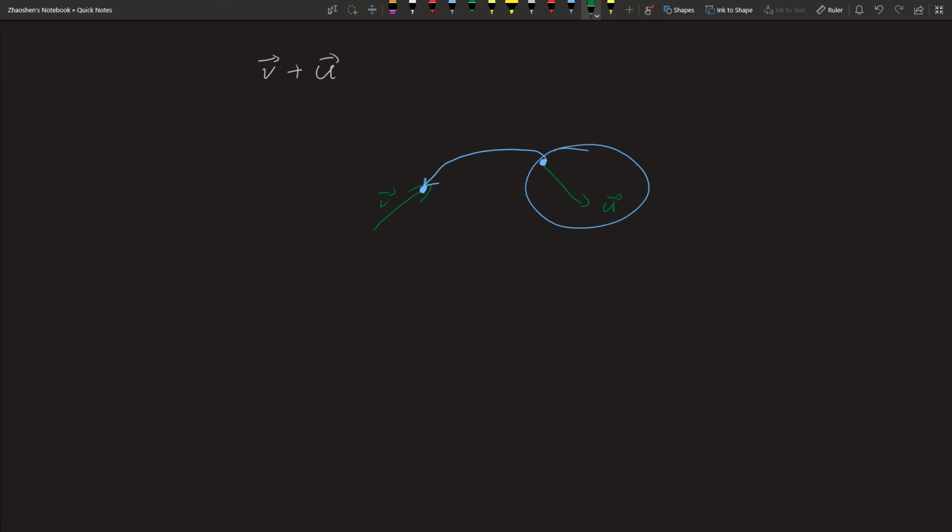That means, let me just redraw everything. This is v, should be shorter, sorry. This is v, and then this is u, should be shorter as well. This is u. Right? You simply move the tail to the head of v. This doesn't change any properties of u. It's still a vector. It has the same magnitude, same direction.